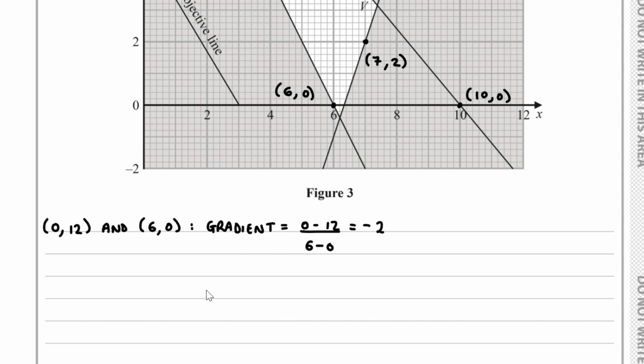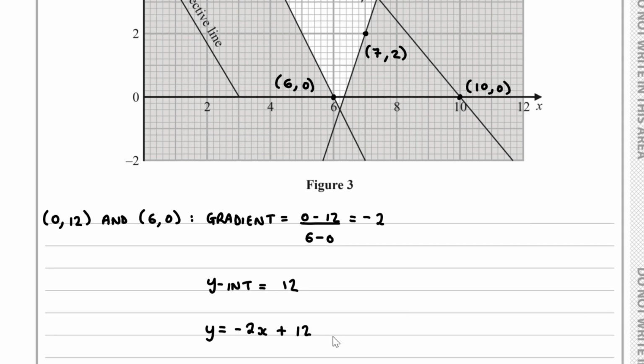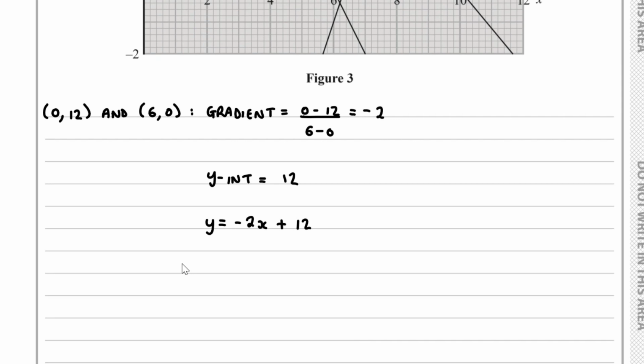The y-intercept, of course, that's equal to 12, and therefore the equation of the straight line, that's y equals minus 2x plus 12, which if we rearrange, we've got 2x plus y equaling 12.